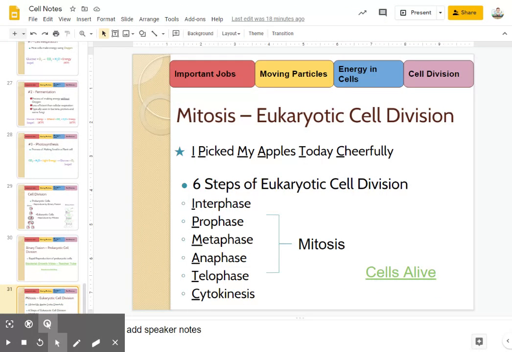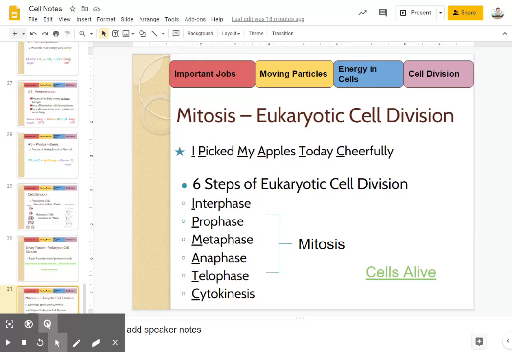And cytokinesis. Those are the phases of mitosis. You have underlined the first letter of each one of these phases, and that links to a nice mnemonic device called I picked my apples today cheerfully.